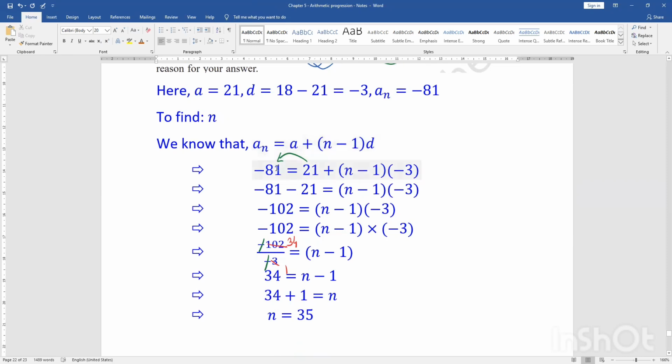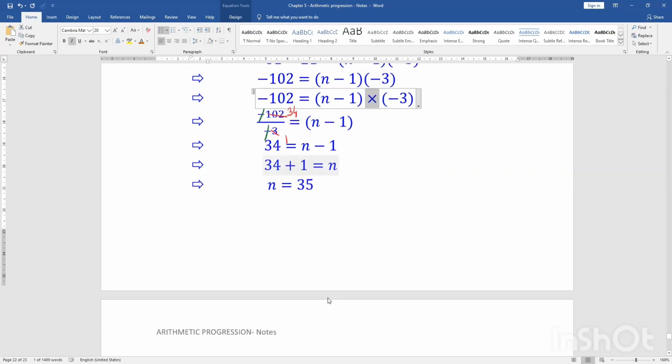Substitute accordingly: An is minus 81, A is 21, n minus 1 into d value which is minus 3, and here minus 3 I closed in brackets. Then minus 102 divided by minus 3, because minus 3 is associated with multiplication, that's why when you do the transposition, it comes to the denominator. So minus 102 by minus 3 equals n minus 1, or 34 equals n minus 1. Minus 1 transposed to the LHS, we get 34 plus 1, or n equals 35.